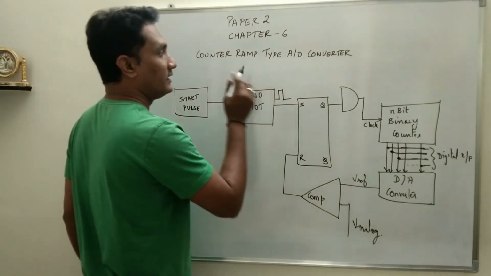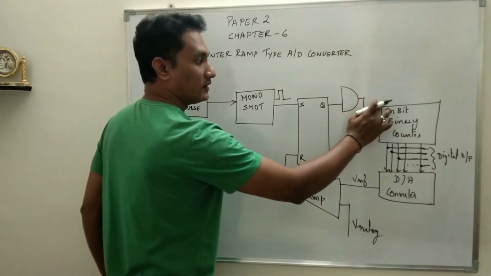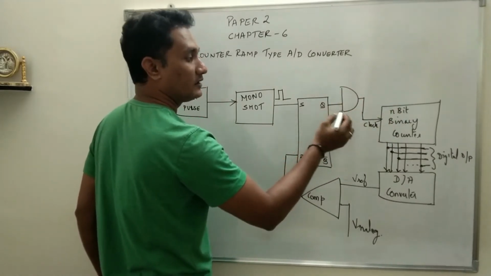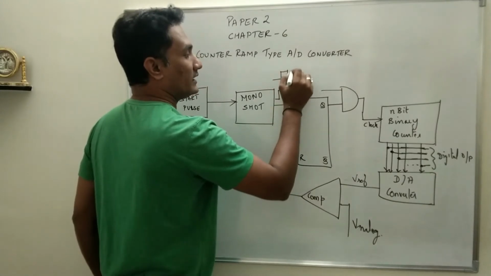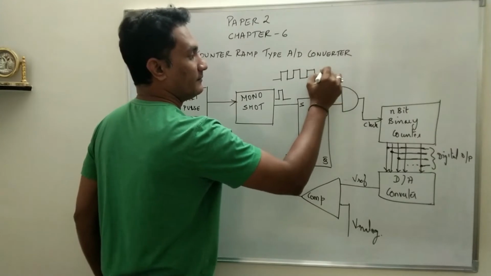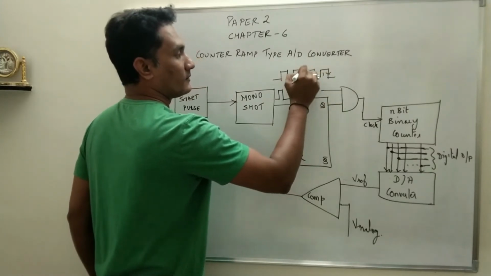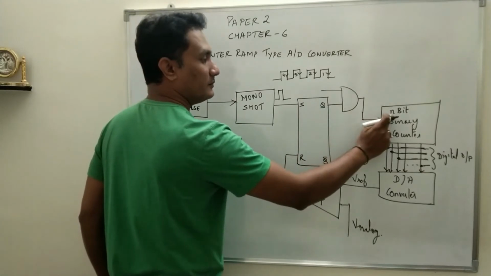Now, as I said, the counter will count, and for the counter to count, it will have to be given an incoming clock pulse. So the clock pulse is separately provided to one input of the AND gate. So if the AND gate is activated, this clock pulse will reach the n-bit binary counter.